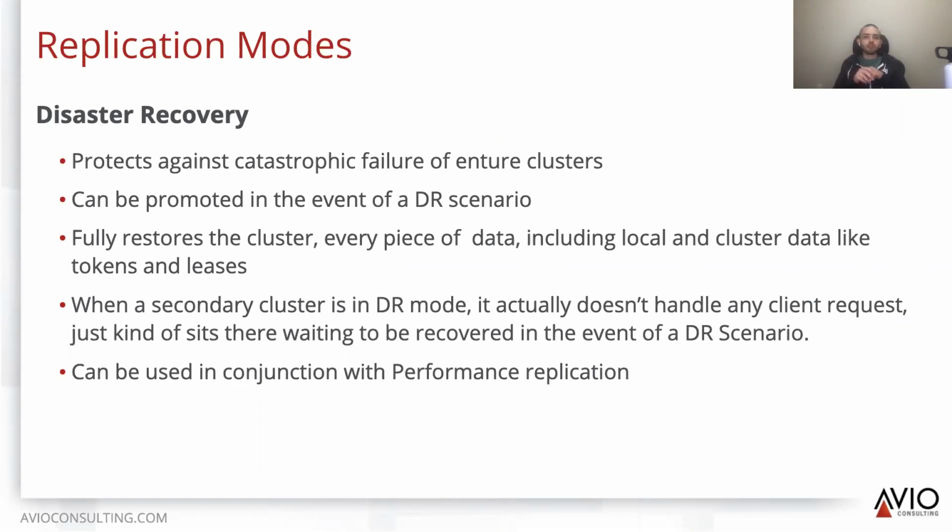Disaster recovery clusters fully restore every single piece of data, including local and cluster data. So yes, if you're thinking about that, disaster recovery does copy tokens and leases, unlike the performance replication, as I explained in the previous slides.